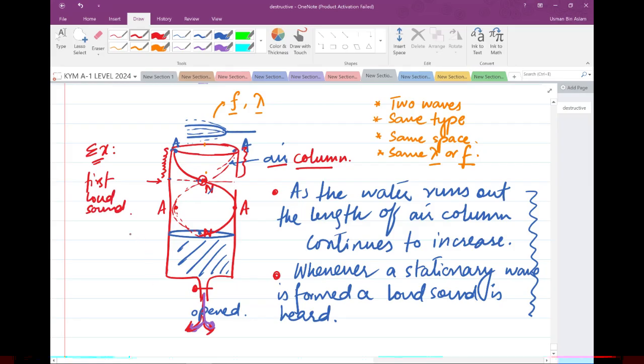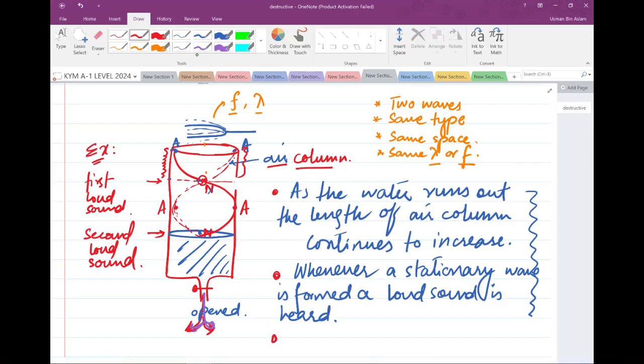You will not call it first or second or third harmonics. No, because when we wanted to create different harmonics, that's when we changed the wavelength. But here we are actually changing the length of the air column. This is where the second loud sound is heard. Loud sound.